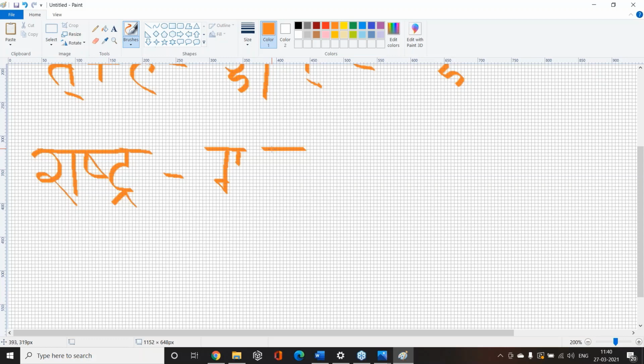Now, sure, and ter would come below it towards the left side because it's a category B. And towards the left, and then tra. So the matra ra below it.